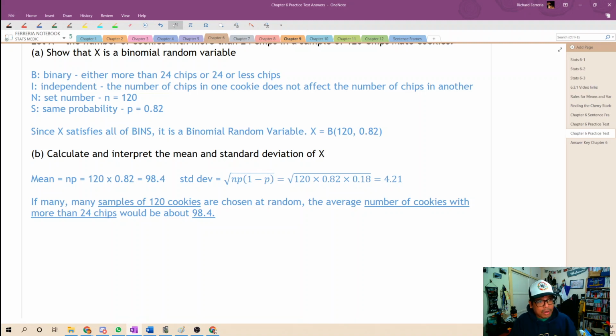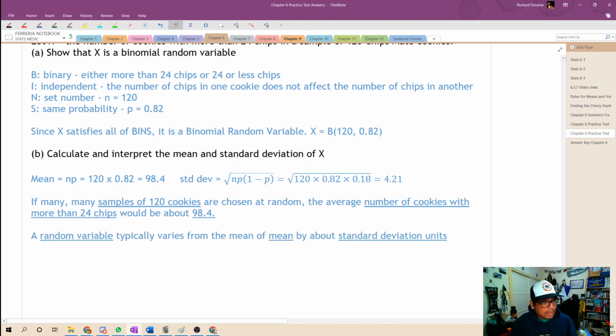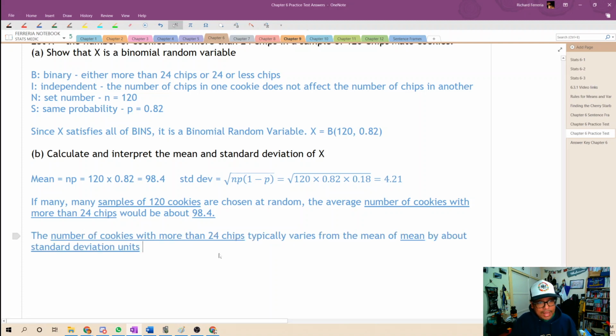Now that we have our interpretation for the mean, let's get the sentence frame for standard deviation. So for a random variable, what we're actually counting is the number of cookies with more than 24 chips. And that typically varies from the mean of, what was the mean?